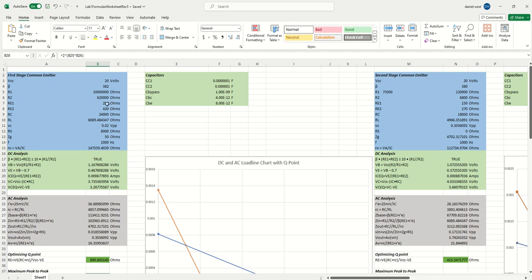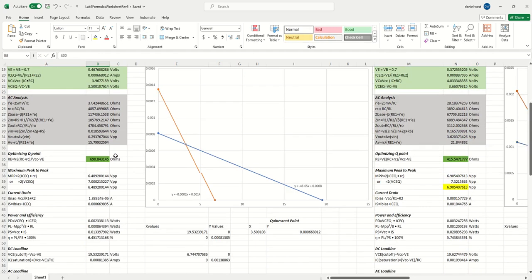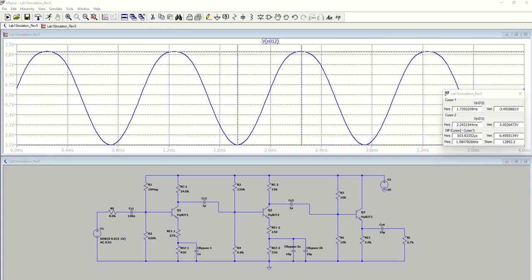But a 260 ohm resistor value is kind of uncommon, and so I stuck with 270 because that is a resistor value that's more common. So I hope this helps for your simulations, and we went over the Vout versus RL, and we went over the max peak to peak values.